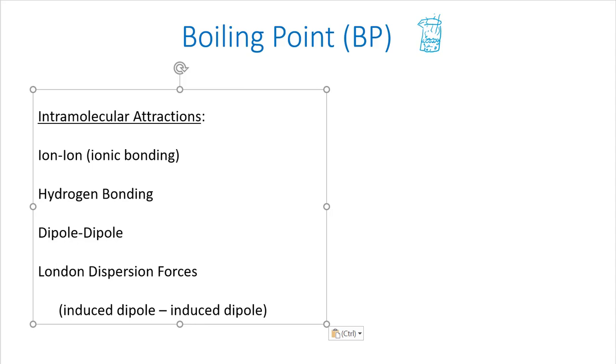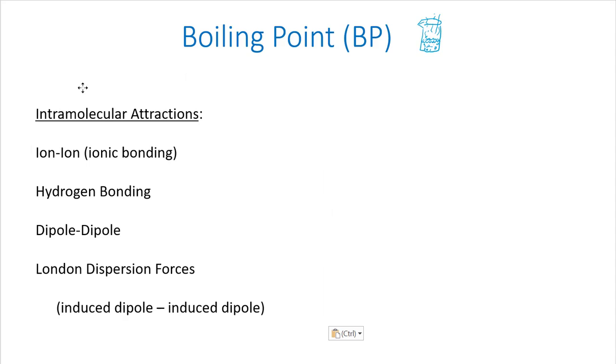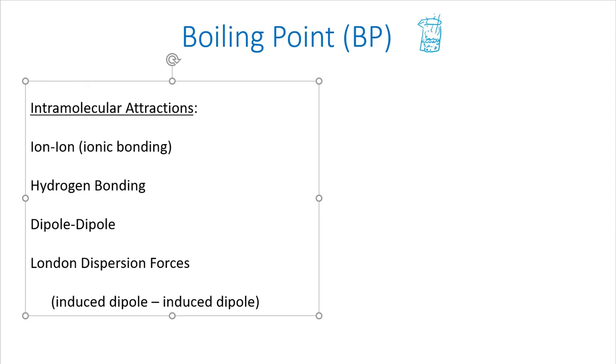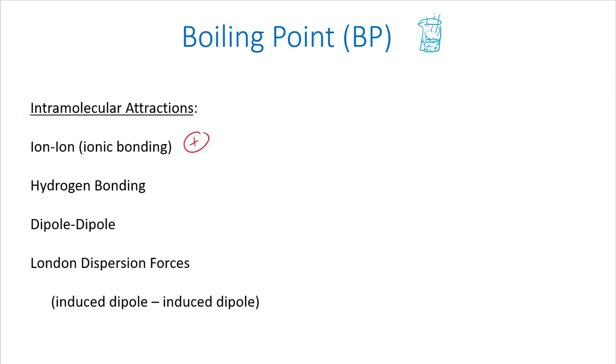Yes, we've got ion-ion attraction, or ionic bonding. That's actually the strongest one, right? That's a positive and a negative that are attracted to each other. There's hydrogen bonding, which is a really important one. This is what happens in water. Water is a very polar molecule.